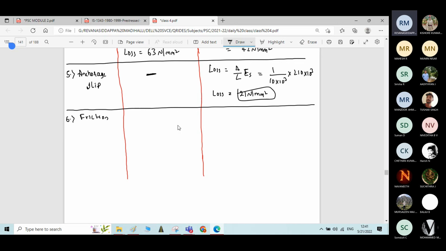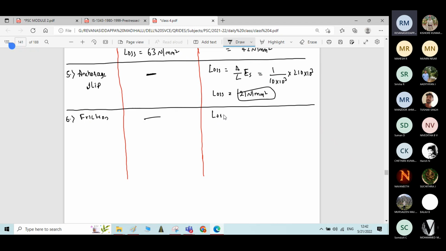With respect to loss due to friction, it will not be there in case of pre-tension members, because there are no ducts here. Due to friction only, there will be prestresses induced into the concrete. It is not considered as loss in case of pre-tension members. Only for post-tension members will this loss due to friction come into picture. For that we have the formula.